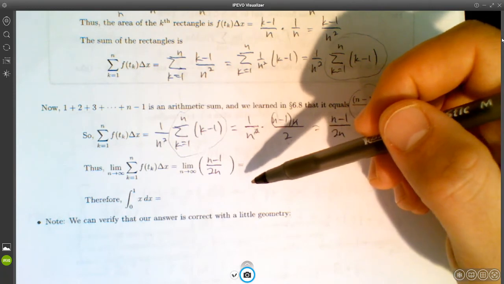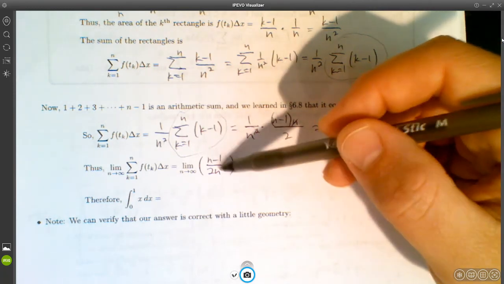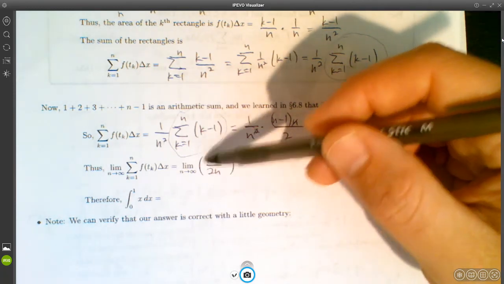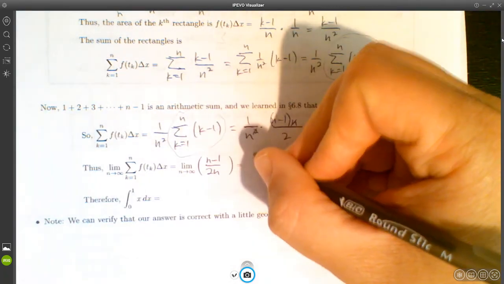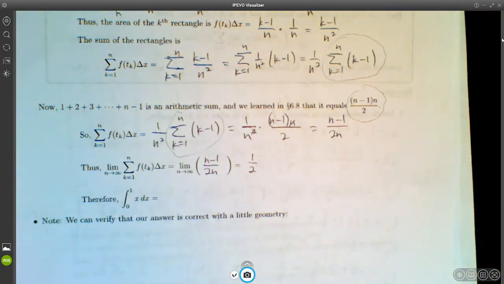Well, we talked a lot about the fact that when your degrees are the same, the end behavior is just the ratio of the leading coefficients, in this case, 1/2. Okay? So, what does that tell us?